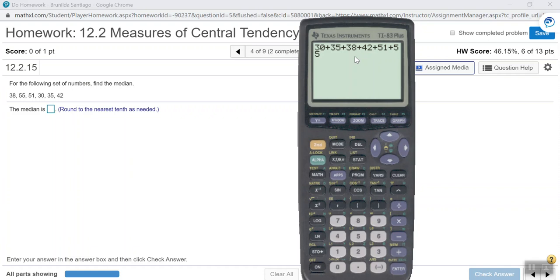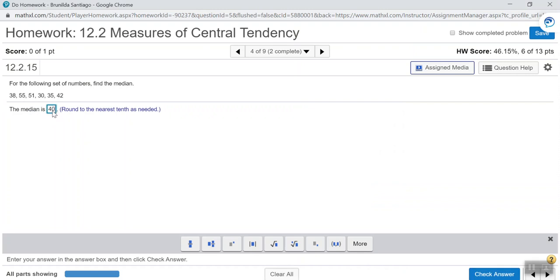So in order to find the median, since we have two numbers in the middle of the data, after you place it in ascending order, that means from lowest to highest, you will have to add 38 to 42. So I'm going to clear the screen and I'm adding 38 to 42 and divide that number by 2. So the median is 40.